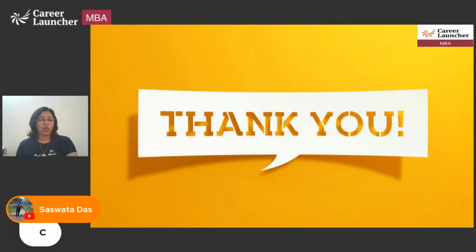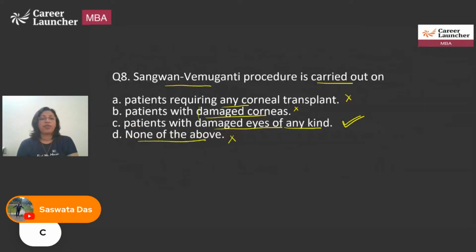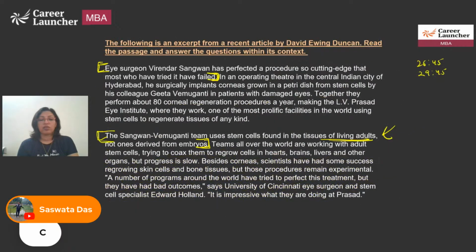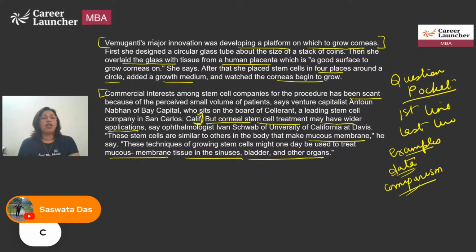Let me quickly take a look and see how many people got this one right. No, it doesn't normally mean methodology. Please understand, Shashwat, it was a context that was there, right? So if you go back, let's go back to the passage. Here, Vemuganti's major innovation was developing a platform on which to grow corneas.